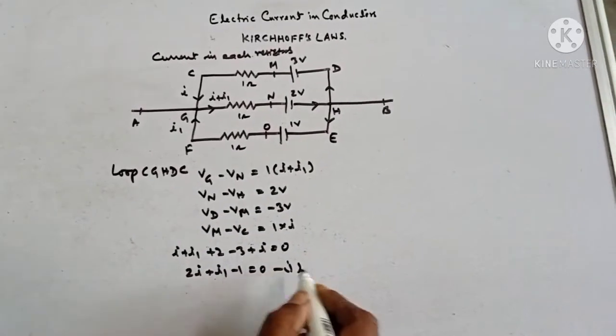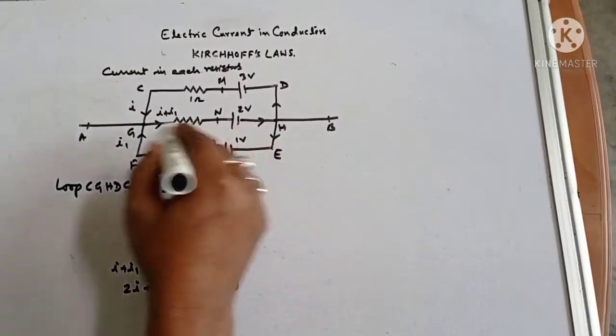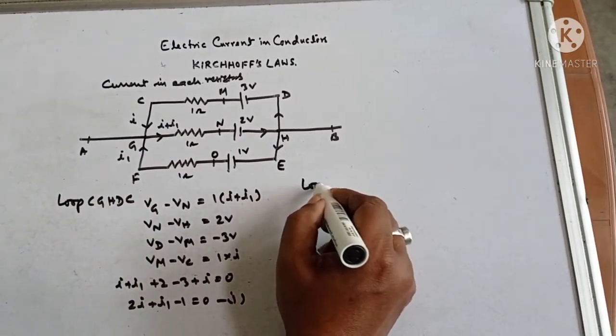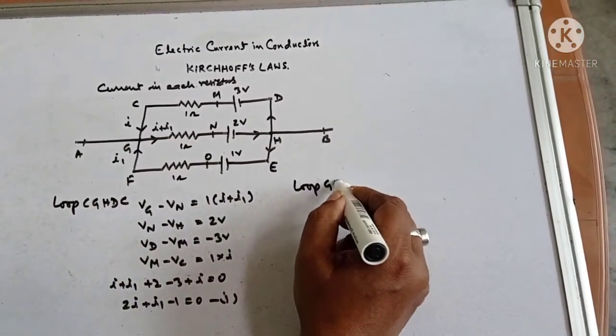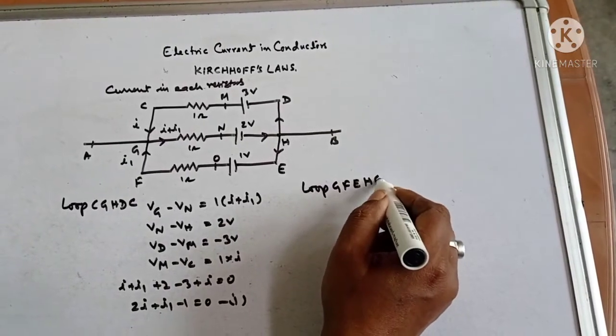This is equation 1. Now I am going to take the loop GFEHG.